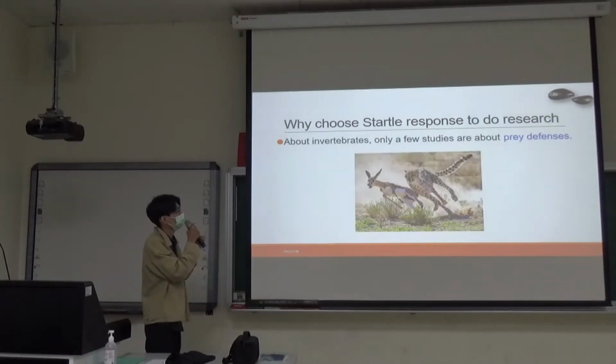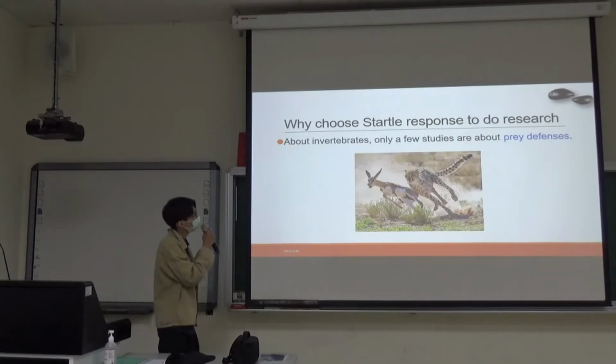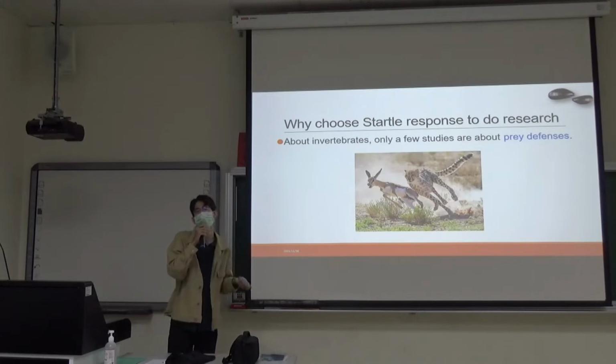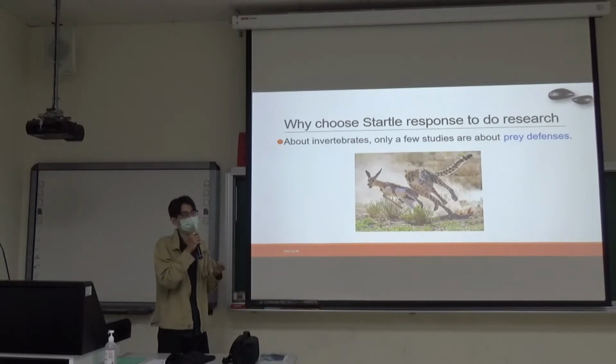Okay, so let's go back to our topic. Why choose the subtle response to do the research? First, about the invertebrates, only a few studies are about the prey defenses. Most of the studies are about variation in the prey and predator dynamics.